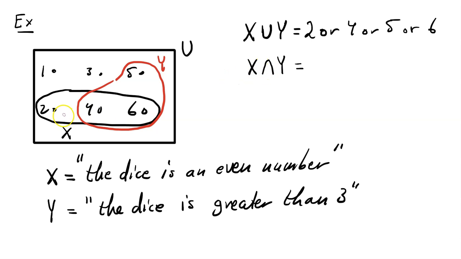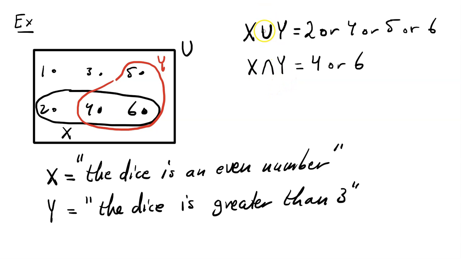So x and y will happen. In what cases will both happen? That is if we throw a 4 or 6 on the die. So in this case, both x and y will happen.